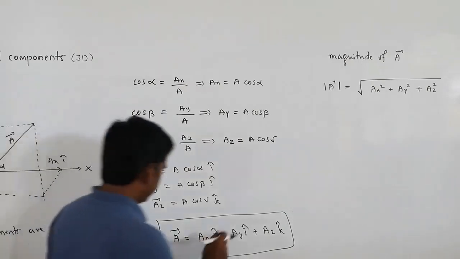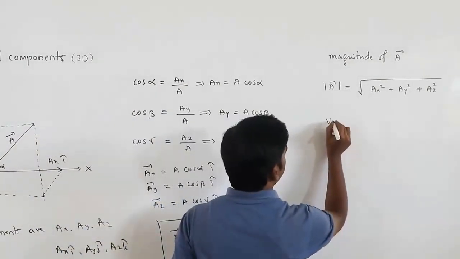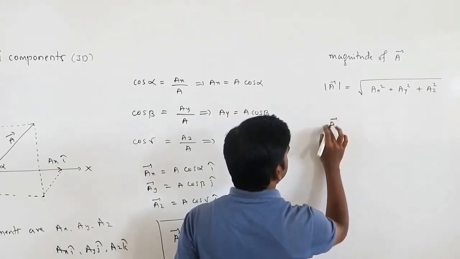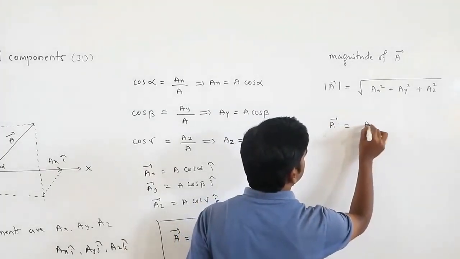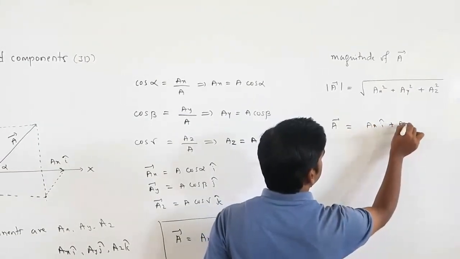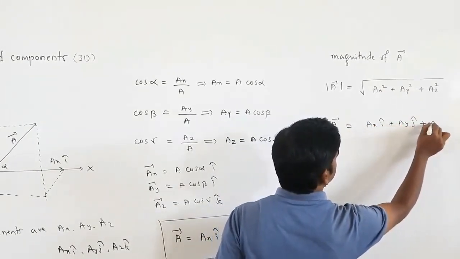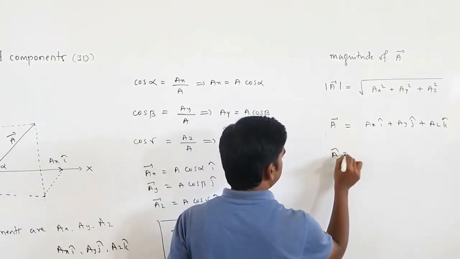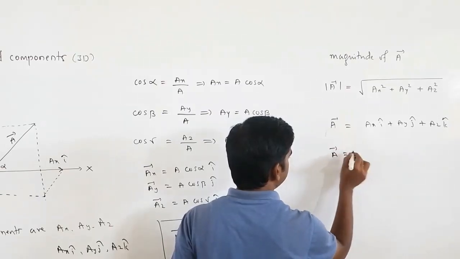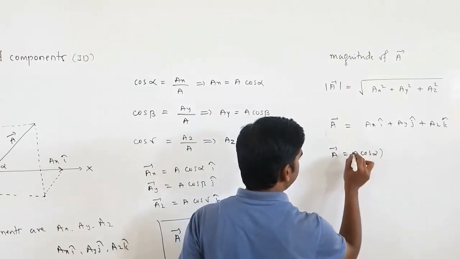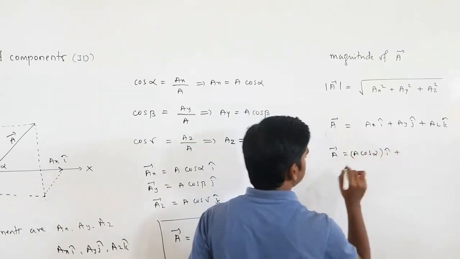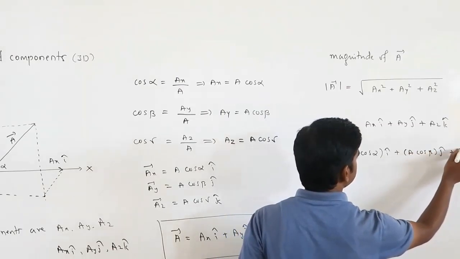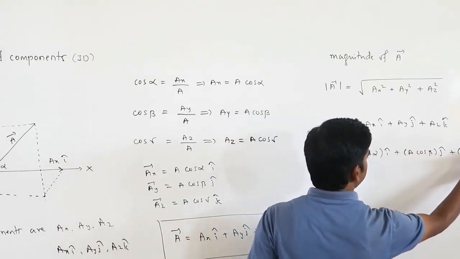So let me write this vector over here. Vector A is ax i cap plus ay j cap plus az k cap. Or you can write vector A is equal to a cos alpha i cap plus a cos beta j cap plus a cos gamma k cap.